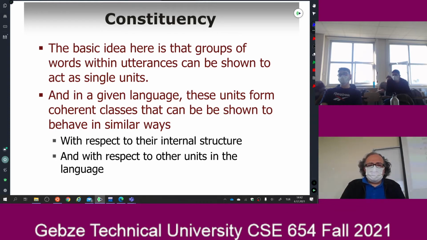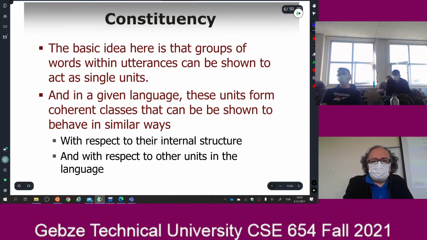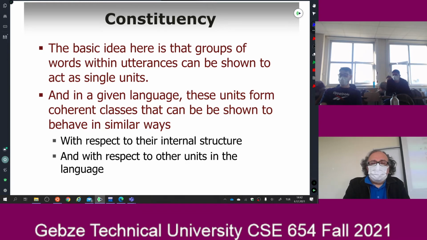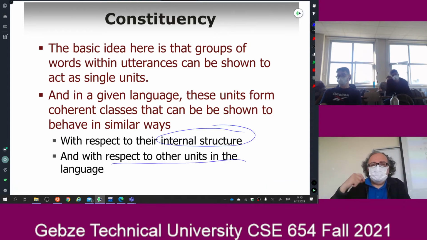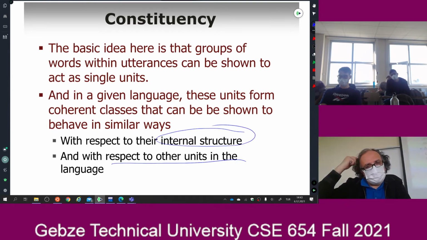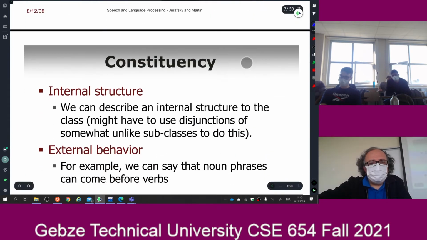These are grouped nicely because they have some internal structure, and when I group them, they behave in a certain way with respect to the other units in the same sentence. So they have internal structure, and their relationship with the other units in the same sentence can be defined very well.